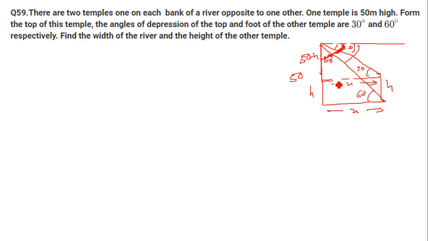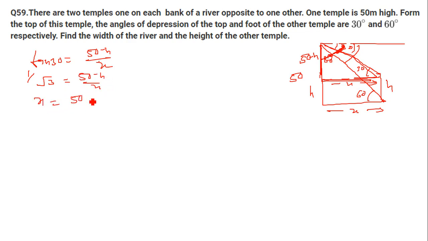So let us take first this triangle, this one. Tan 30 will be equal to 50 minus h by x. This is 50 minus h, perpendicular, and x is base. Tan 30 is 1 by root 3. This is 50 minus h by x. What do we get? We get x equal to 50 minus h, root 3.